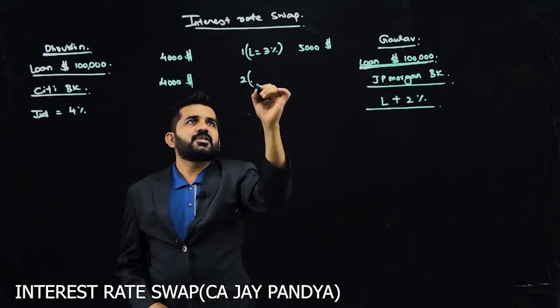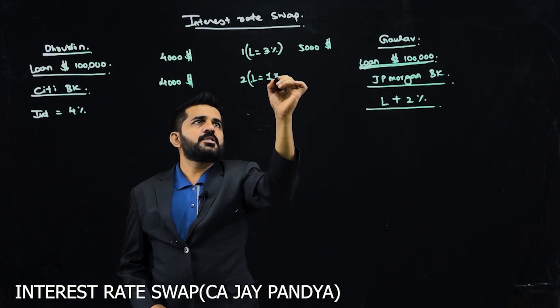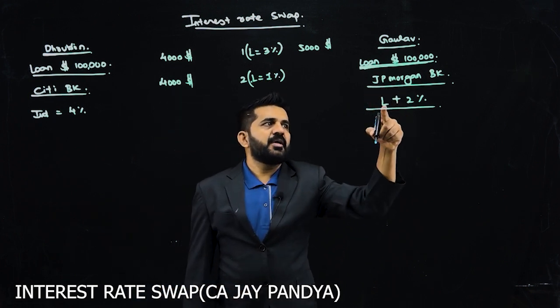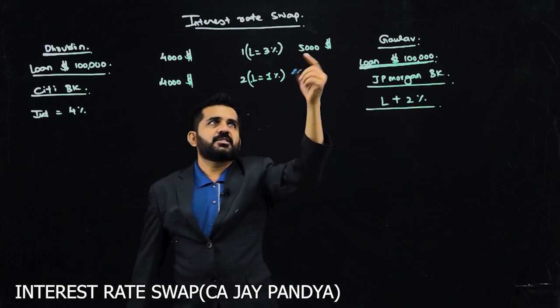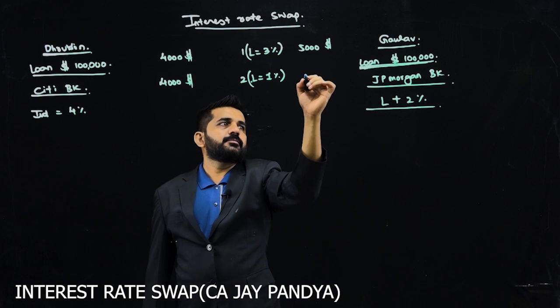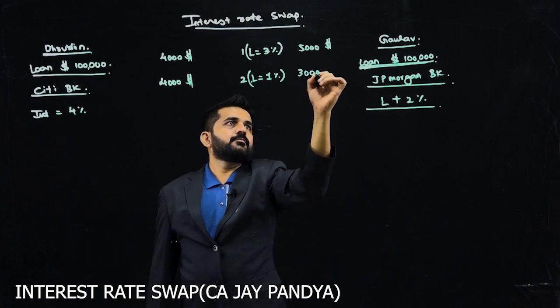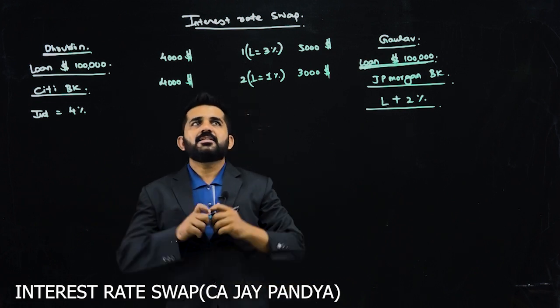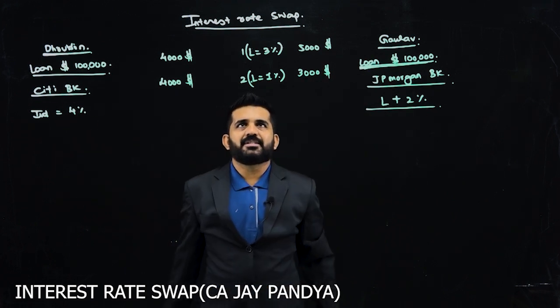In second year, say LIBOR was 1%. Gaurav is liable to pay 1% plus 2%, that is 3% interest on $1 lakh, will be nothing but $3,000.